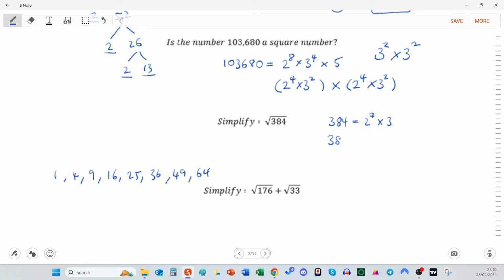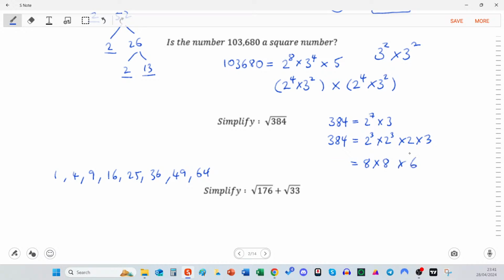So I'm going to say that this is 2 to the 3 times 2 to the 3 times 2 times 3. These are the odd ones that can't split, but this here is clearly a square number. So it's 8 times 8 times 6.